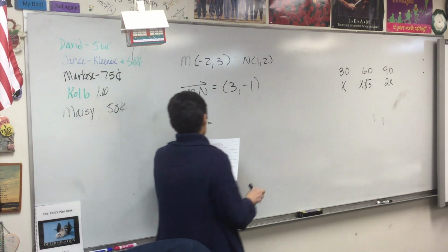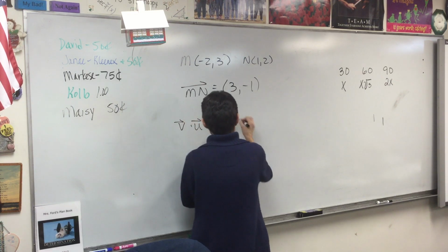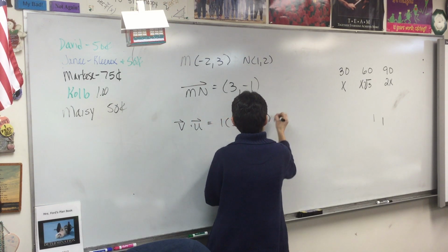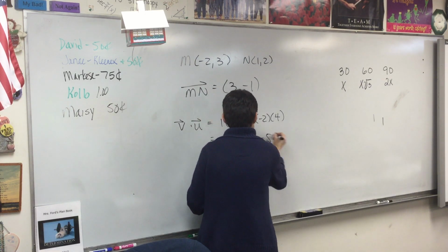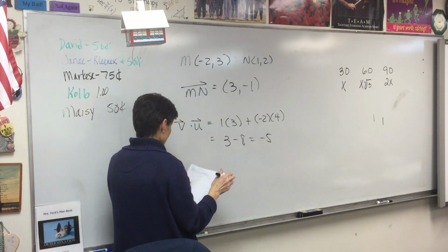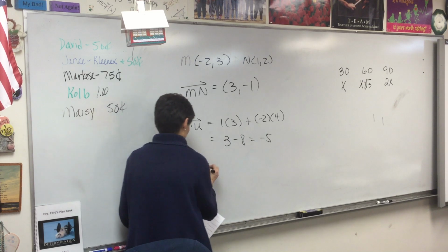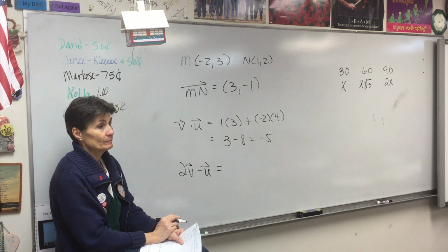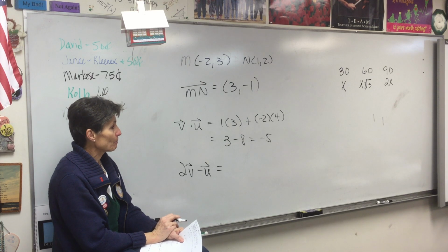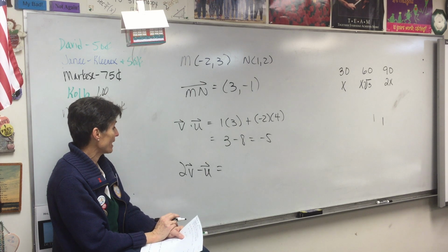That's right, add them. So 1 times 3 plus -2 times 4. I got -5 if I did my arithmetic correctly. Guys, you got to remember, dot product, X times X, Y times Y, add them up.